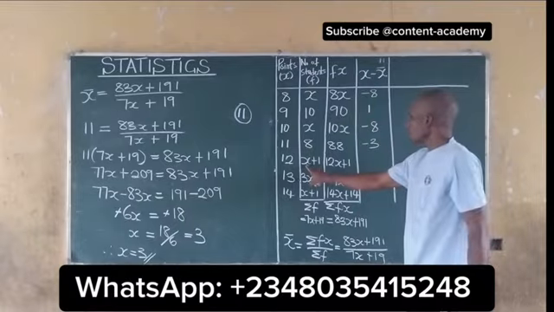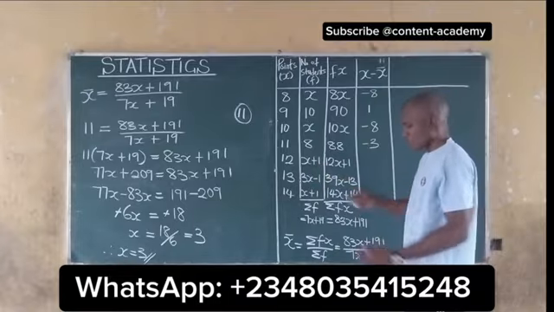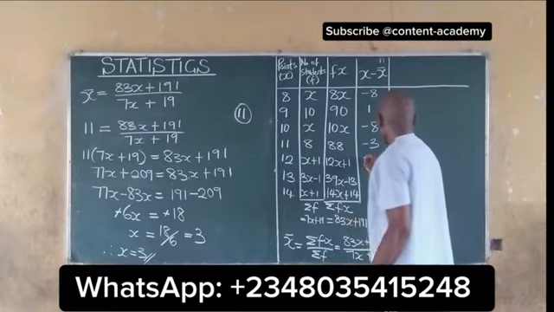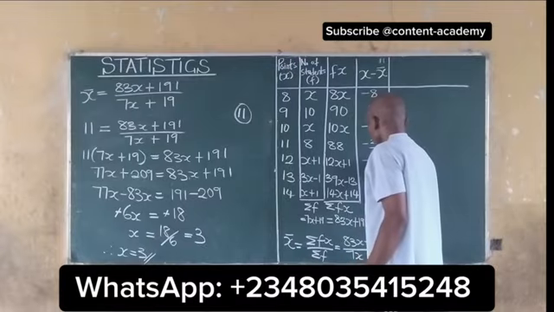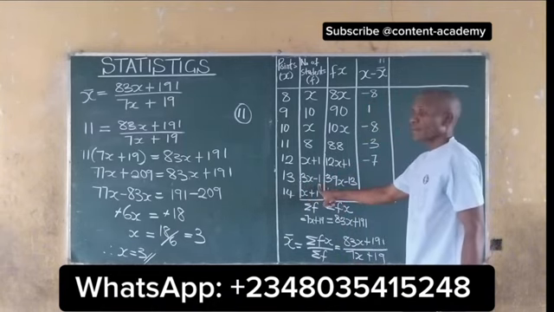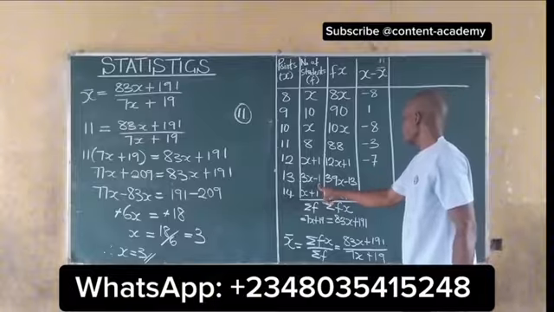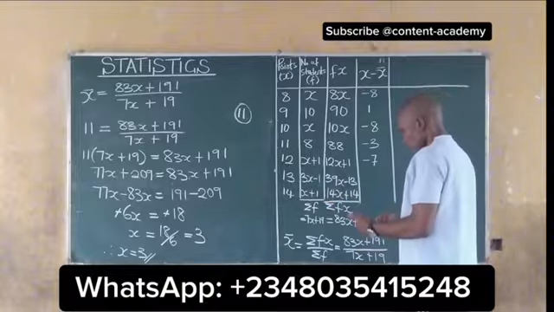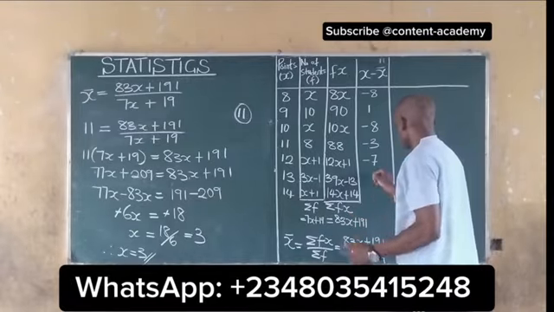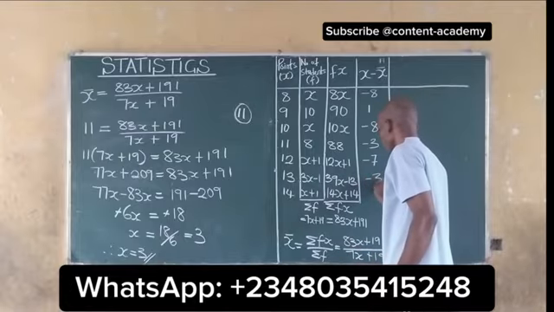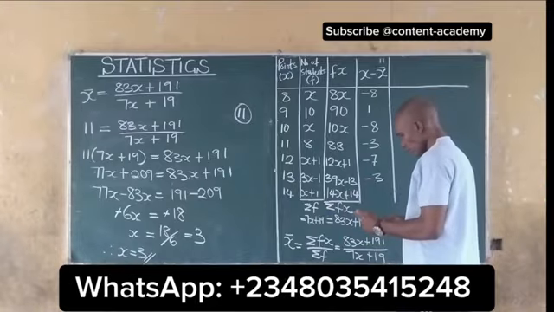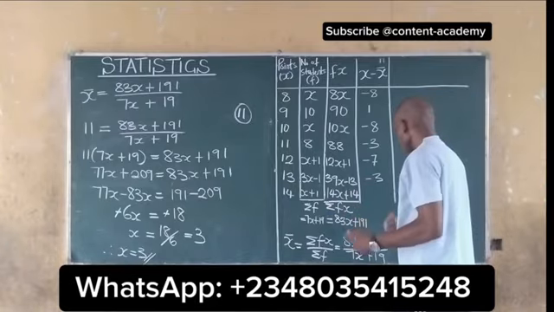This is x, x is 3. 3 plus 1, 4. 4 minus 11, negative 7. 3 multiplied by 3 is 9. 9 minus 1 is 8. 8 minus 11, negative 3. 3 plus 1, 4. 4 minus 11, negative 7.